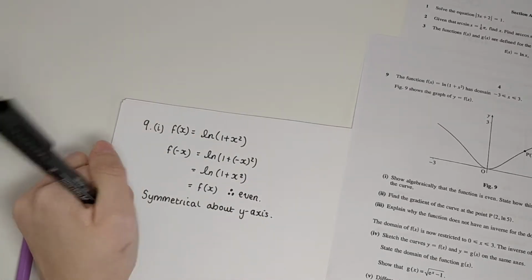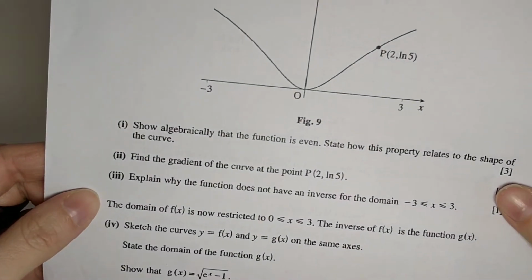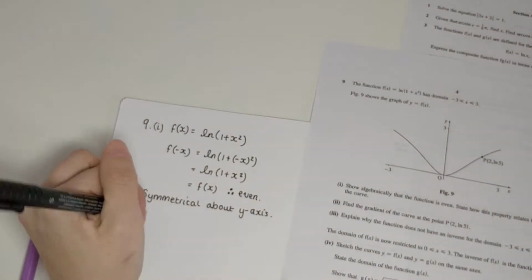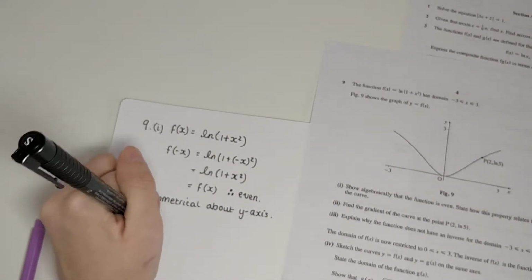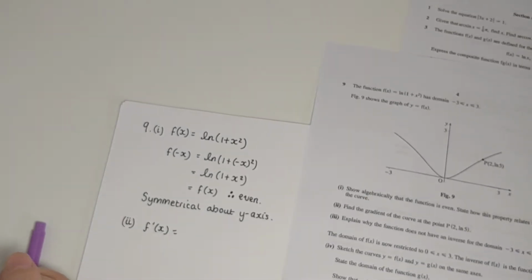Okay. Part 2. Find the gradient of the curve at the point 2, log 5. Okay, so let's differentiate it. Log of 1 plus x squared.